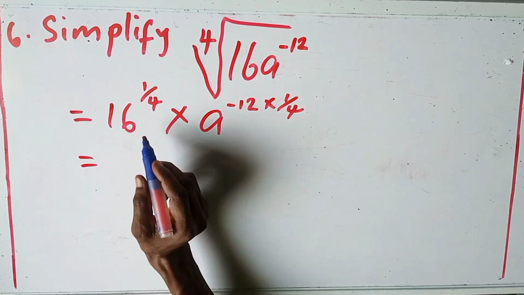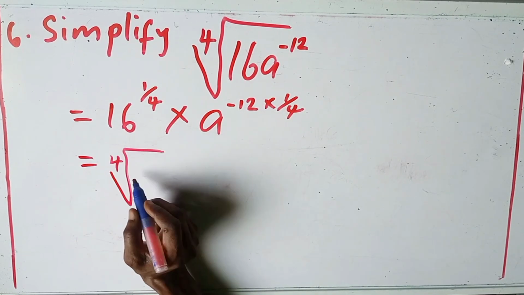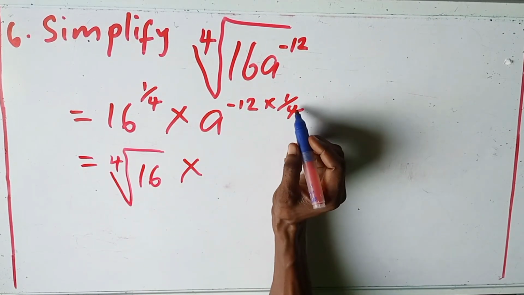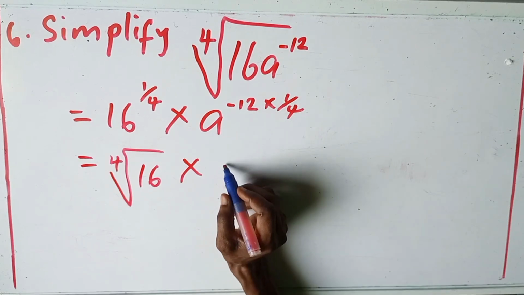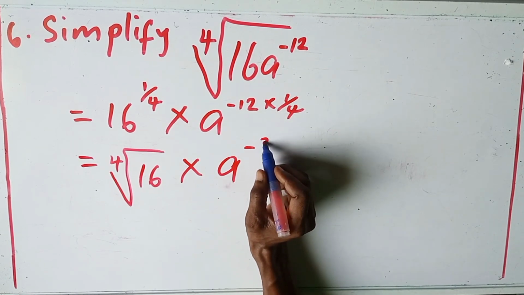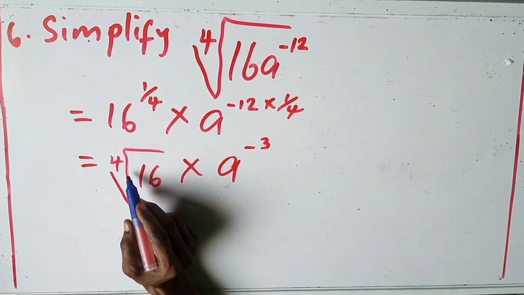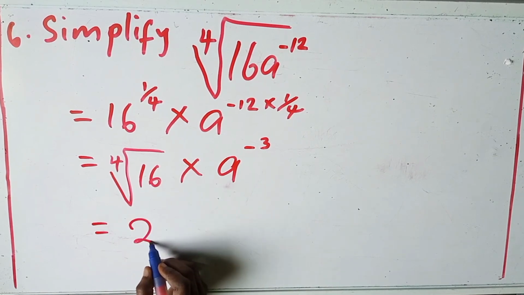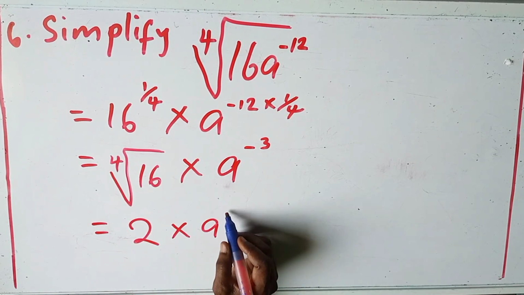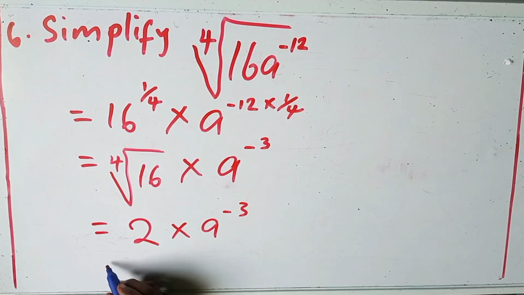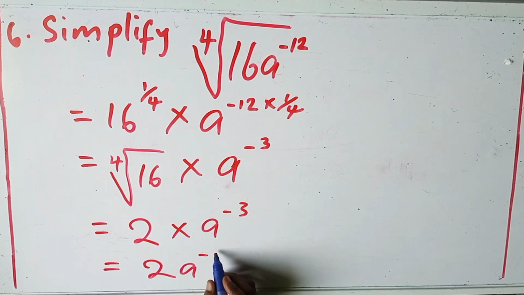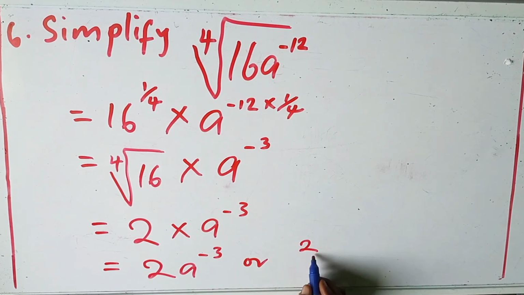To make it simpler, quad root of 16 is equal to 2, and when we simplify the second part, we get a raised to power minus 3. When we multiply both of them, our answer is 2a raised to power minus 3, or 2 over a raised to power 3. That's our final answer.